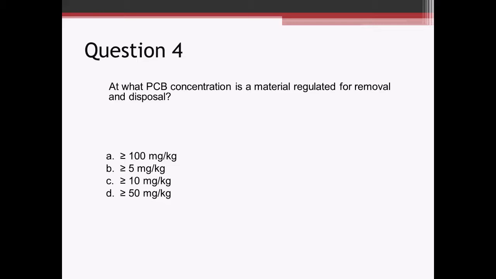The answer there is D, anything greater than or equal to 50 parts per million or 50 milligrams per kilogram.